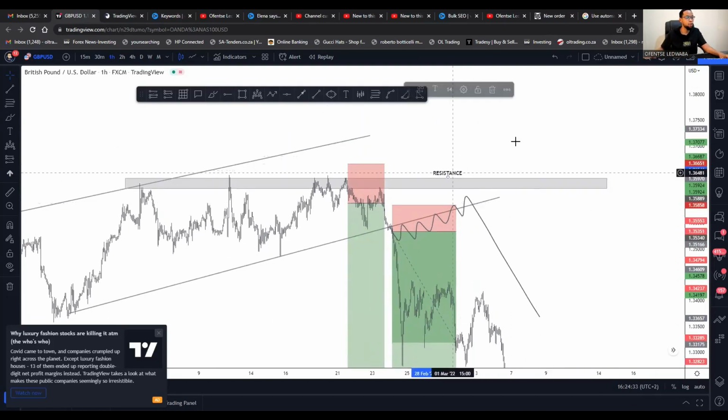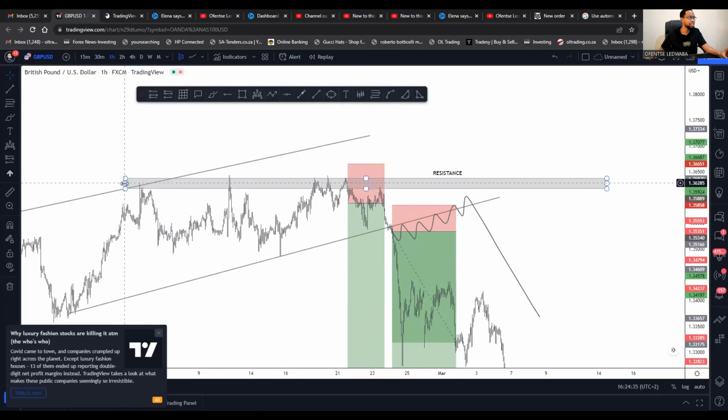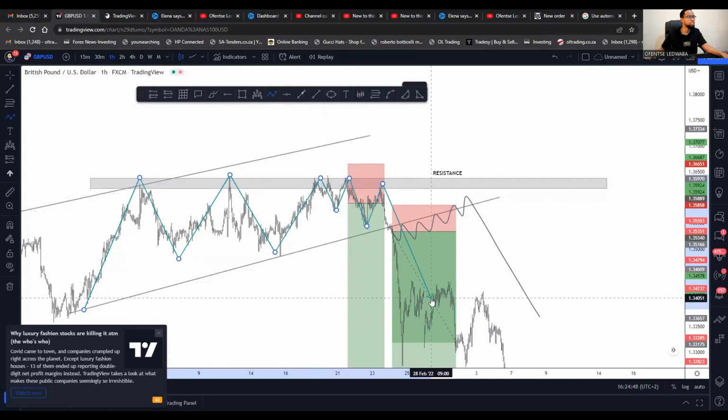This is our decider, because it's showing me that it's strong. Because you can see we came, bounce, bounce, bounce, bounce, so bounce.